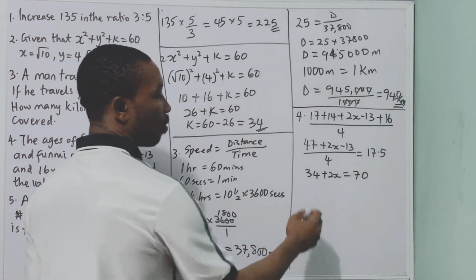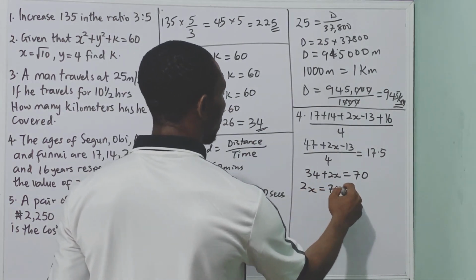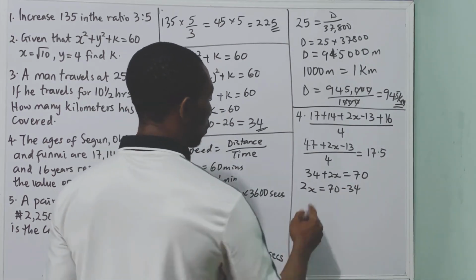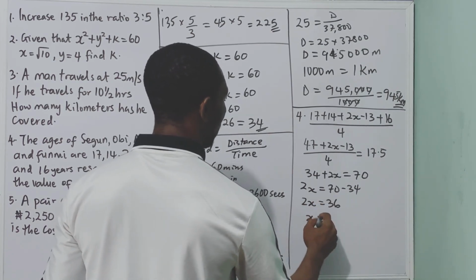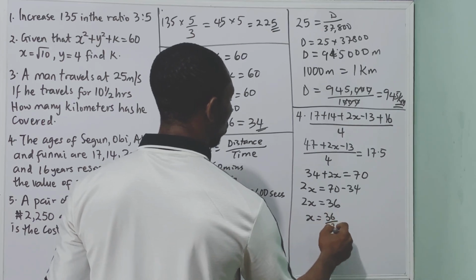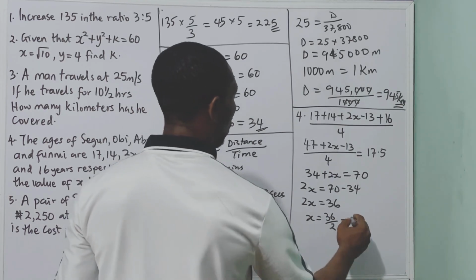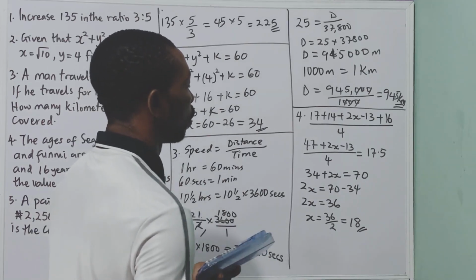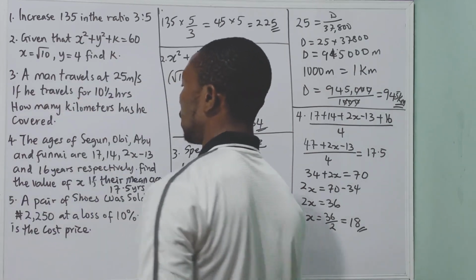Okay, now our 2x would be 70 minus 34. So 2x equals 36. So our x equals 36 over 2, which gives us 18. So the value of our x would be 18.